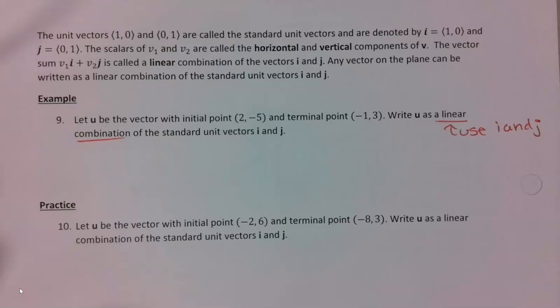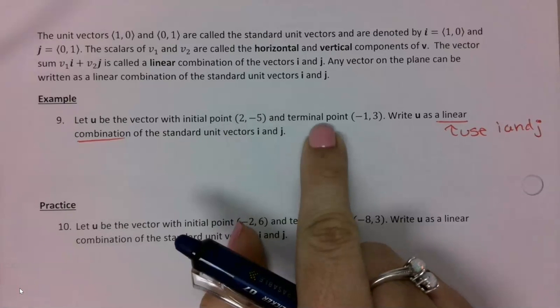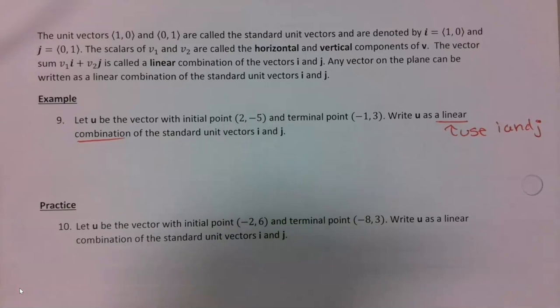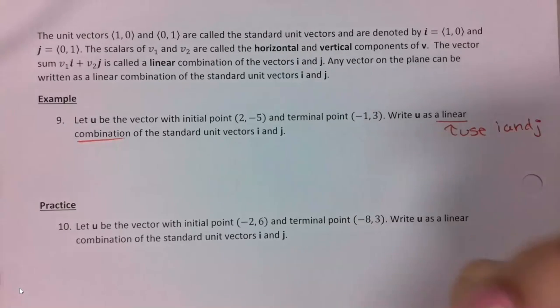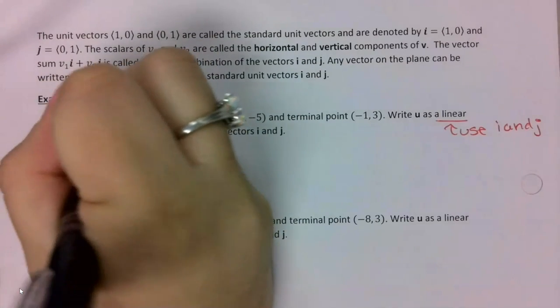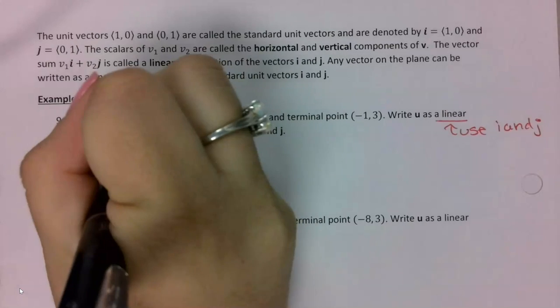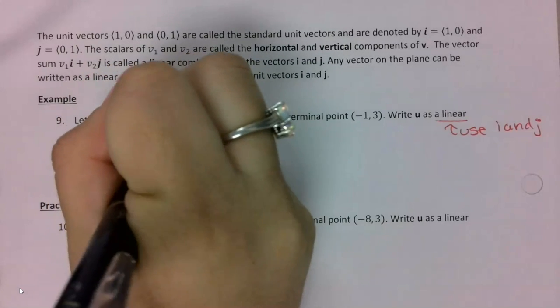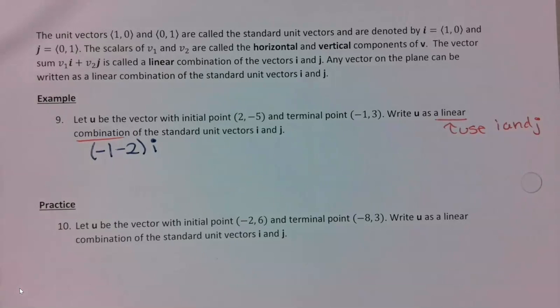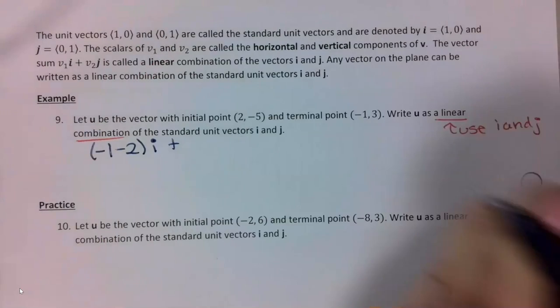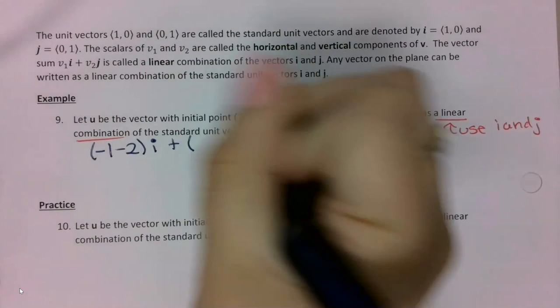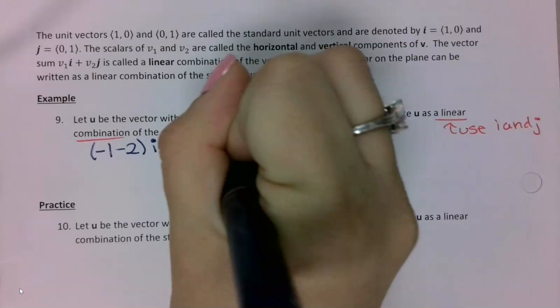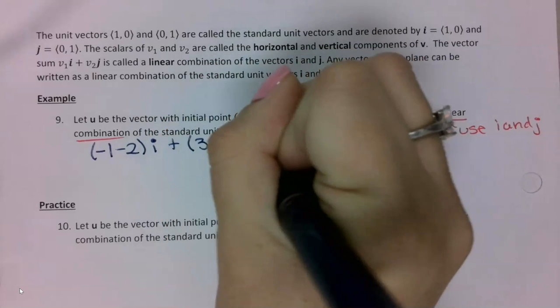So it's giving me an initial point and a terminal point, just like number 1. So I'm going to do the same thing. I'm going to take my terminal point and subtract my initial point. So I'm going to do -1 minus 2. And then instead of writing it with the vector symbols, it's going to get an i, because x's go with i. And then I'm going to do the same thing for my y values. I'm going to do 3 minus -5. And this time it gets the letter j.